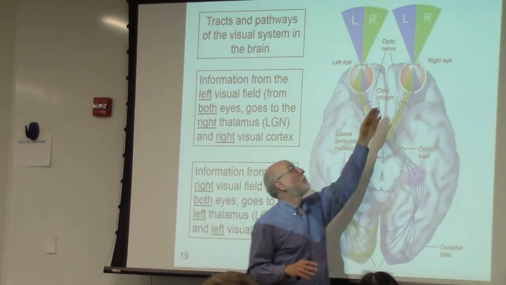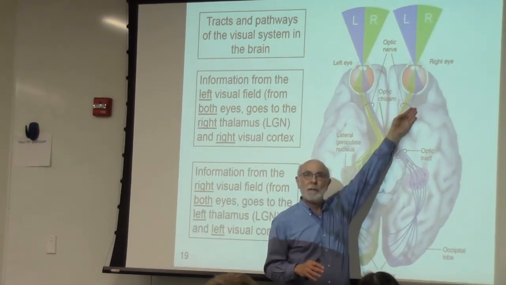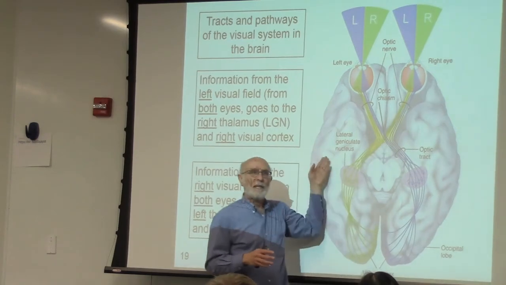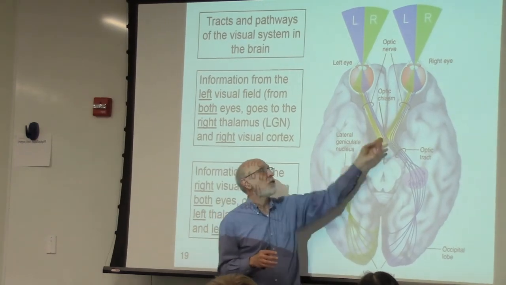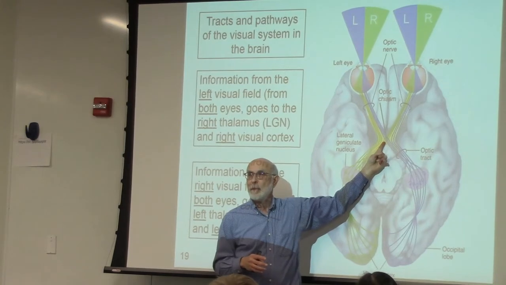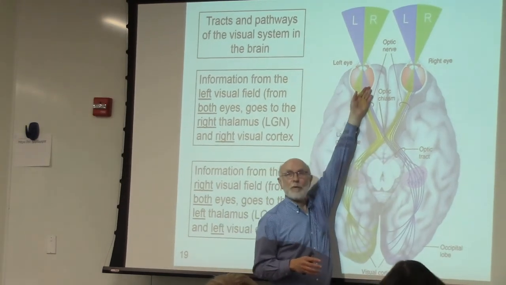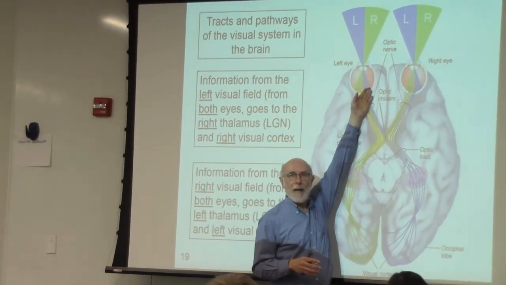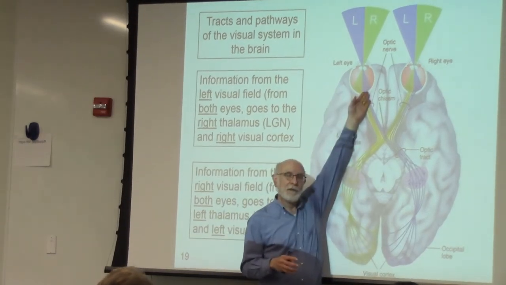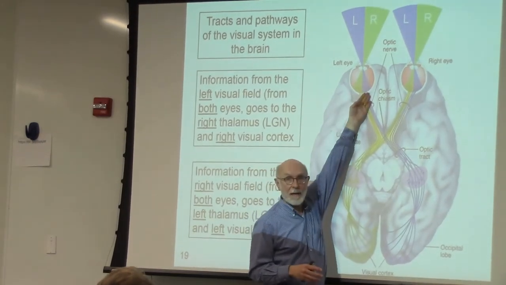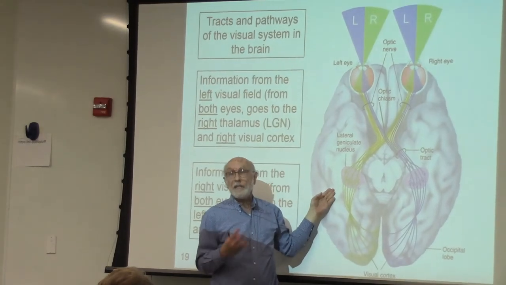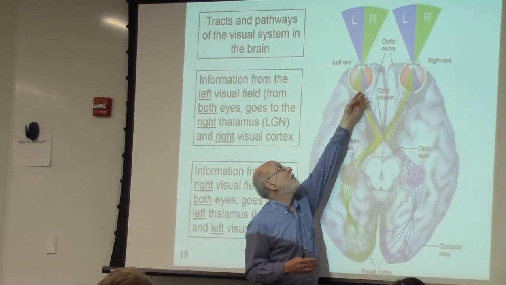So if the right visual field of the right eye is going to the left lateral geniculate, it has to cross over, and it crosses over in the optic chiasm. If the right visual field of the left eye ends up in the left lateral geniculate, it doesn't cross over.